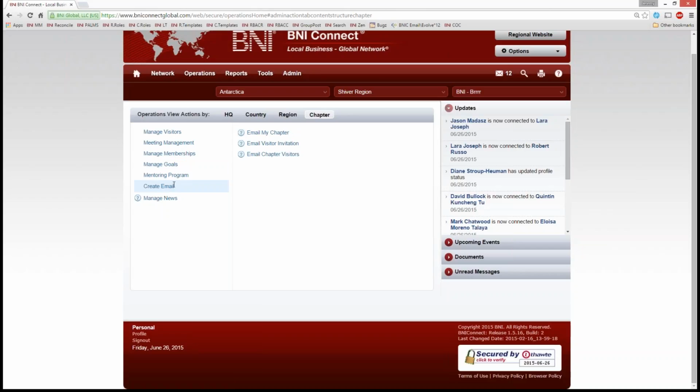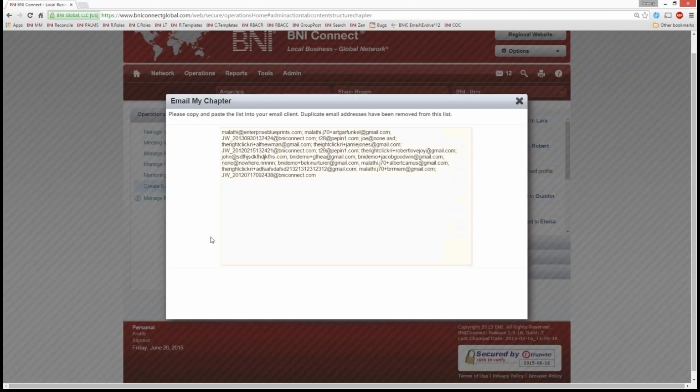While I'm down here, one thing that I get asked quite often, and one of my favorite things to use on here, is the create email function. And there's a couple of things on here that I'd like to show you. If you need to email your chapter, I find the easiest way to do that is to go to create email and go to email my chapter.